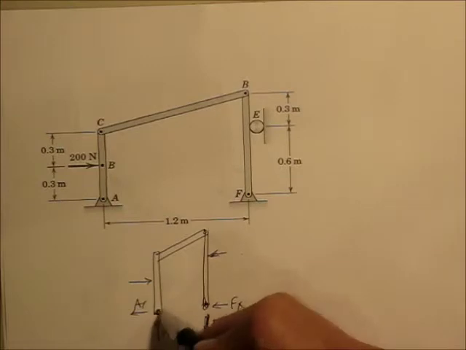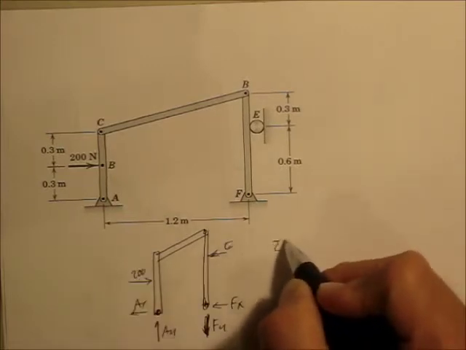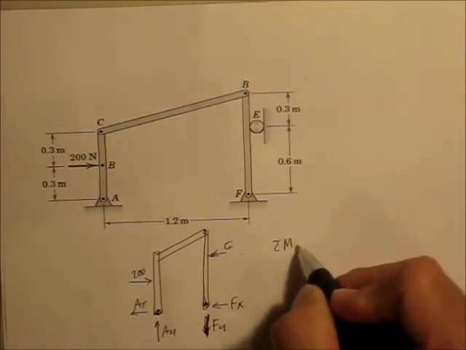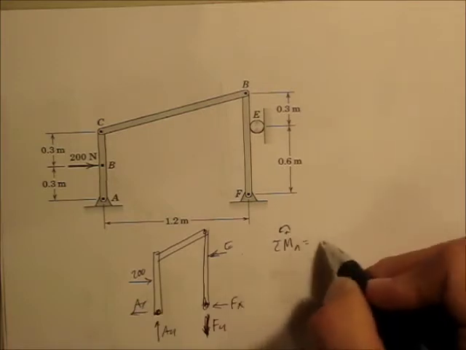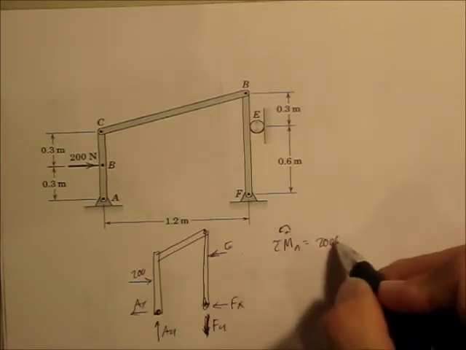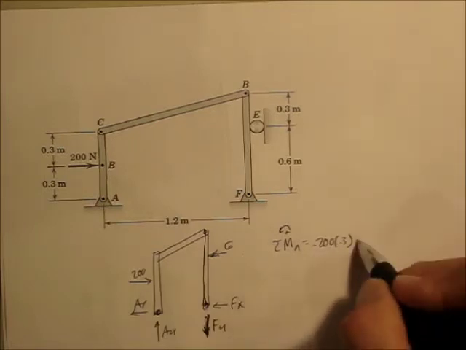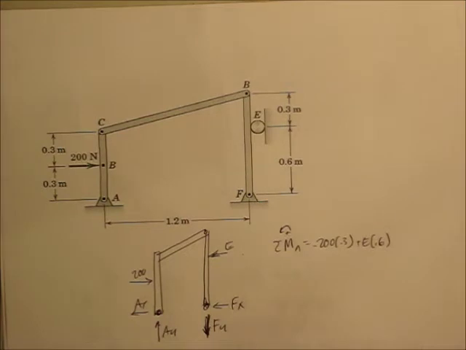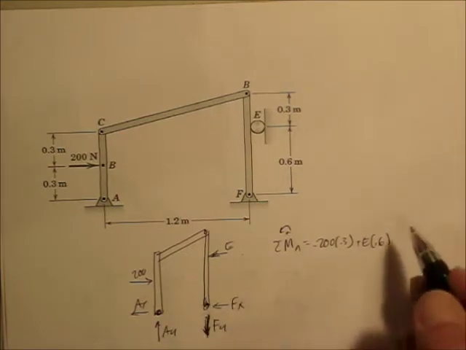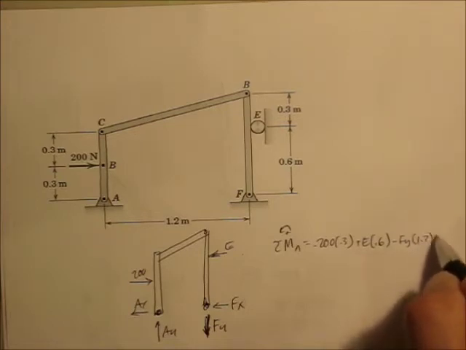But anyway, if we try to solve this by summing the moments about A, we would have this 200 times 0.3, and that would be negative, plus E times 0.6, minus FY times 1.2 equals 0. I've got two unknowns there, that's not going to work.